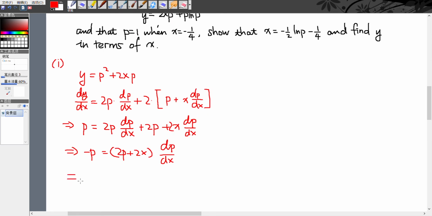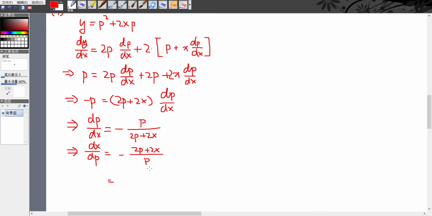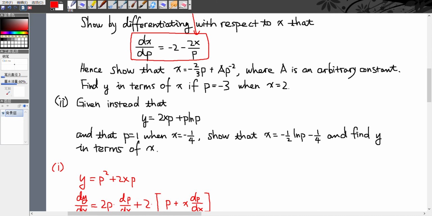So the next thing we want to do is to write dp by dx equals negative p over 2p plus 2x, and turn it upside down, we have dx by dp equals negative (2p plus 2x) over p, which equals negative 2 minus 2x over p, which is exactly the equality provided by the question.